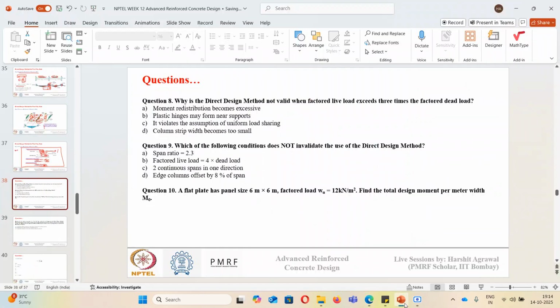What will be the answer for question number 8? Why is the direct design method not valid when the factored live load exceeds 3 times the factored dead load? We saw in the assumptions that when live load is greater than 3 times the dead load, the direct design method is not applicable. Why? What is the reason? Can anyone tell me the answer?